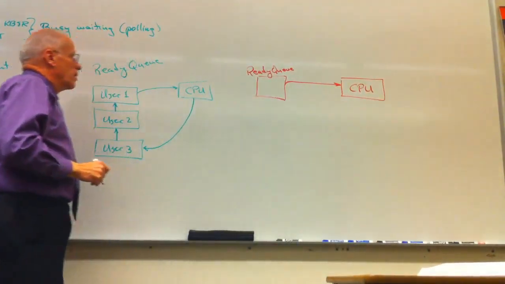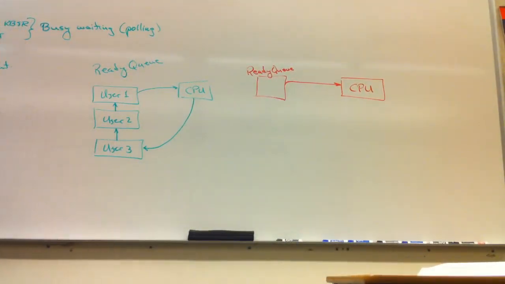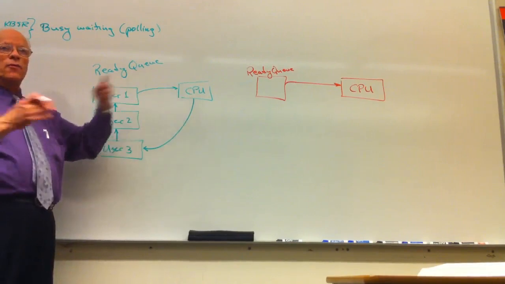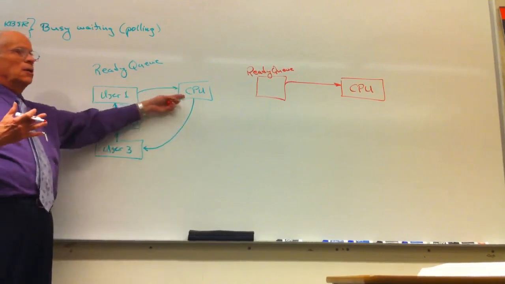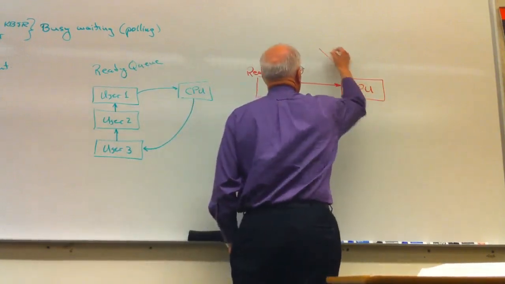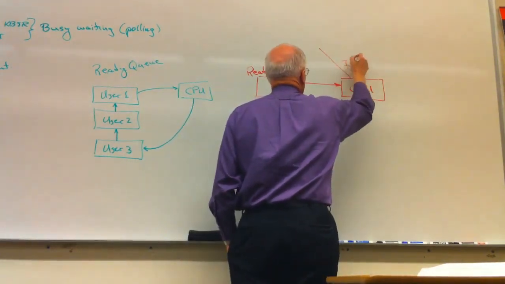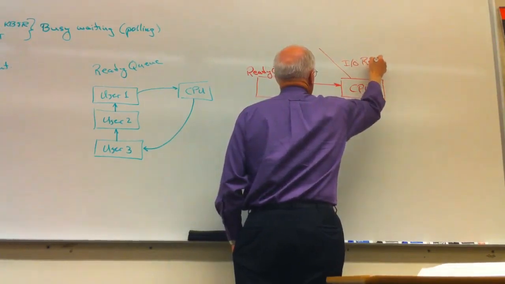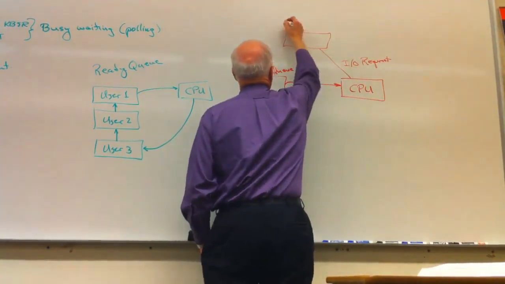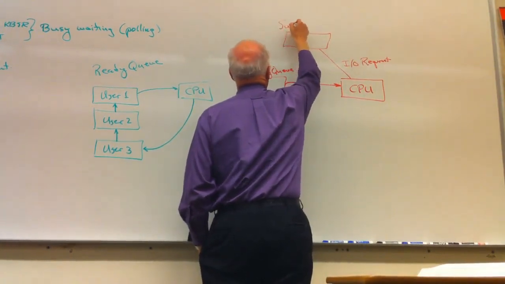A process comes off of the head of the ready queue into the CPU. Now, when it requests some I/O services, instead of sitting here and waiting for that I/O event to occur and then pushing it back into here, if you have an I/O request, it bumps you up here into a suspended state.